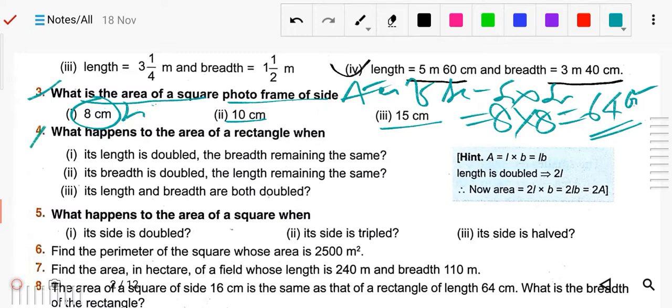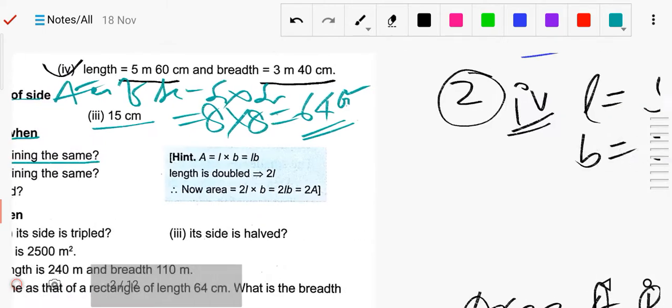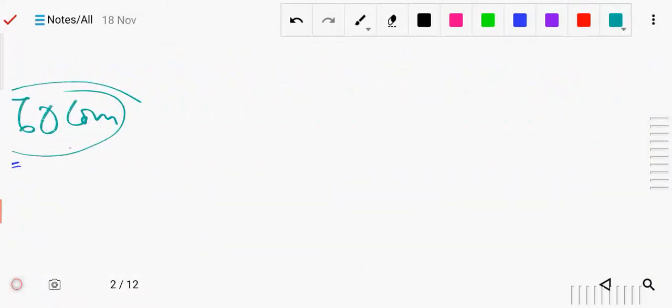Now number 4. What happens to the area of a rectangle if the length is doubled and the breadth remains the same? That you have to conclude. So how will you conclude it? This is question number 4.